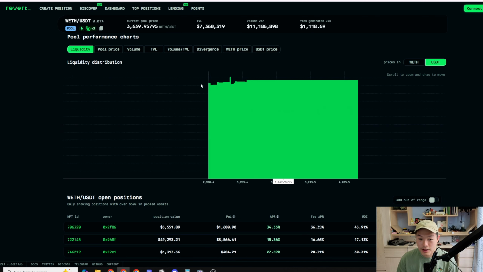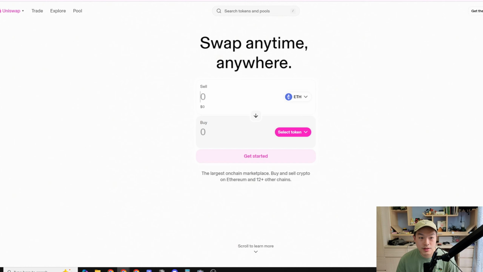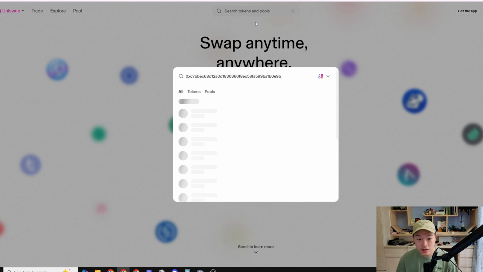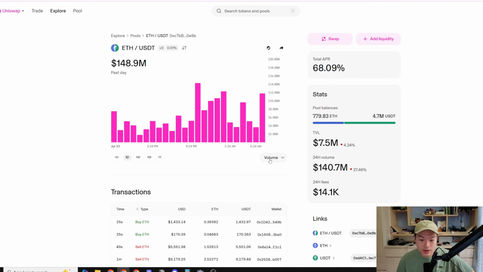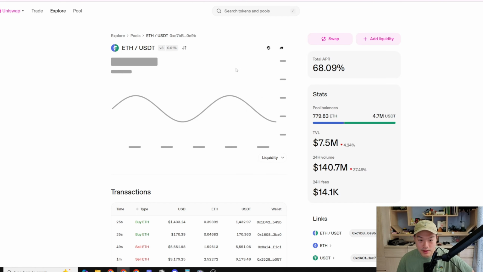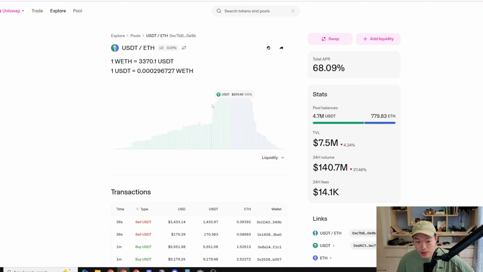And sometimes the data doesn't pull for Revert. So you do have to go on Uniswap to check for the pool. So I could copy this pool address here and then go to Uniswap, search for the pool. If I click onto it, I should be able to see the liquidity. You can see it's concentrated near the $3,300 to $4,000 range. But if I expect Ethereum price to go to like $5,000 to $6,000, I don't mind just camping out in one of these pools.